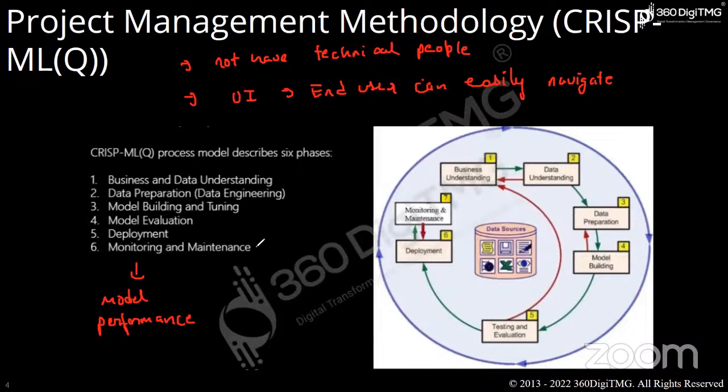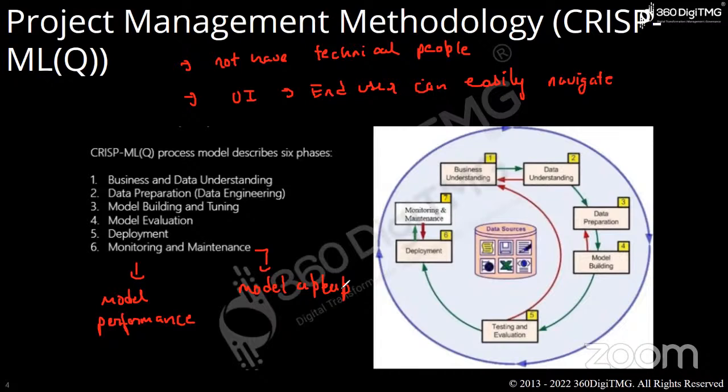And then finally, we have maintenance. Maintenance basically is model upkeep. You have to make sure that your system doesn't crash, your model doesn't crash. If you have any sort of problems within the model, you have to make sure that it doesn't break down.